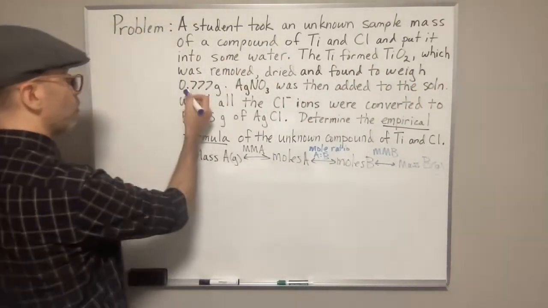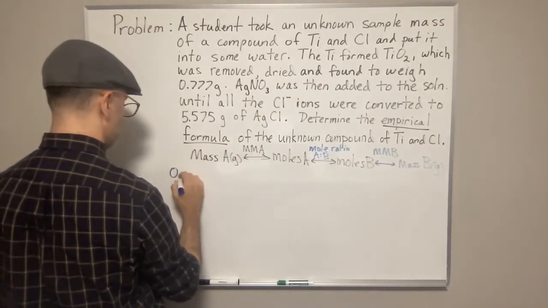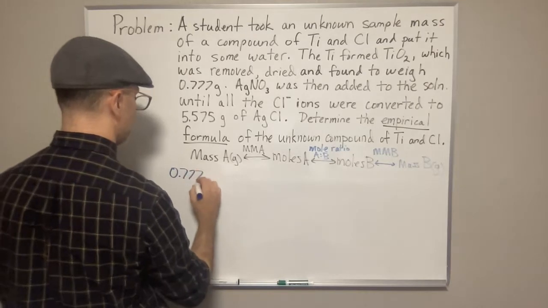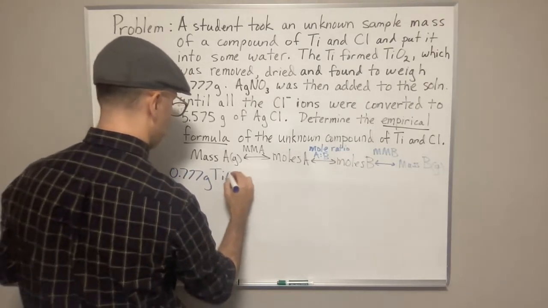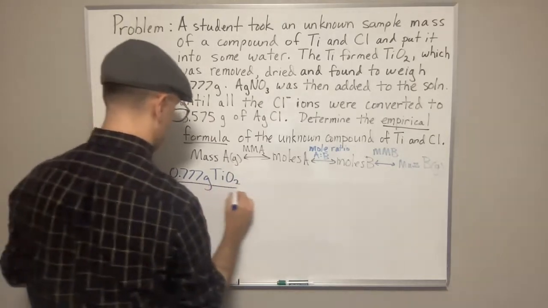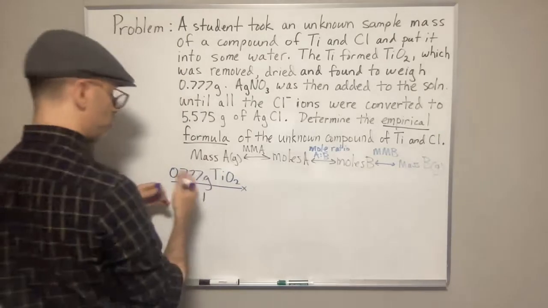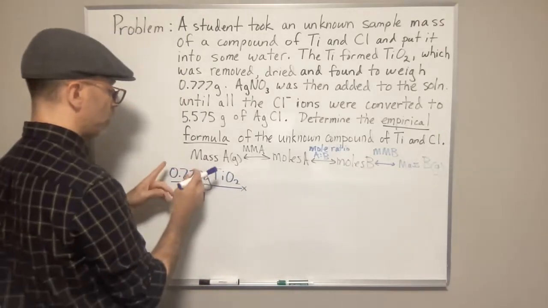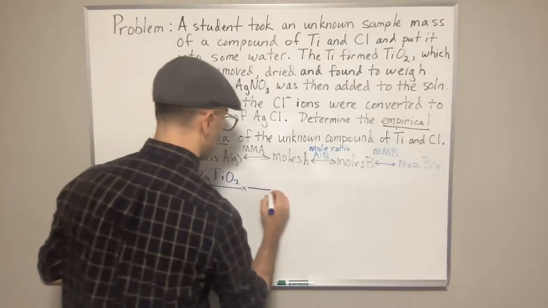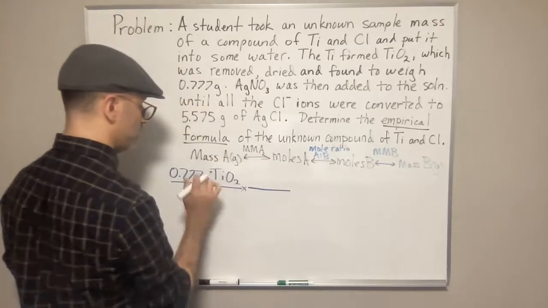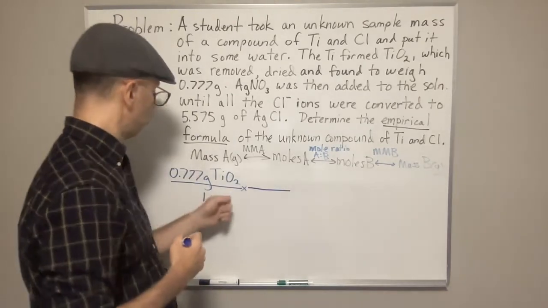Let's start with the 0.777 grams of TiO2. We're going to put that over 1, and we're going to follow our roadmap. So we want to convert grams to moles first, so we're going to use the molar mass of our titanium oxide to convert that to moles.